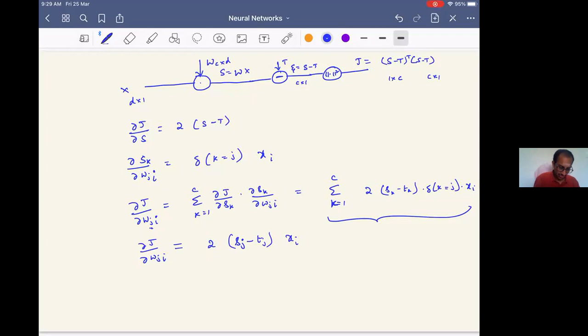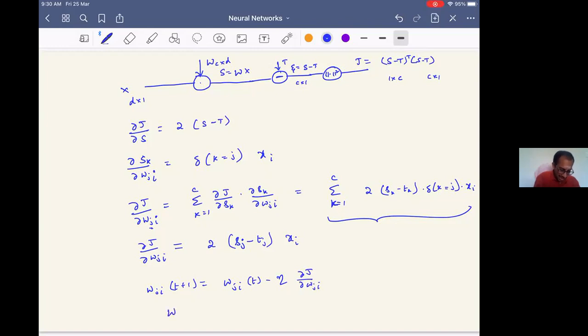So some of you have written a lot of things for this. And then finally, what I asked is how do I update Wji at t plus 1 using gradient descent? Wji at t minus eta times, whatever eta is, not given, eta times dou Z by dou Wji. You can substitute.